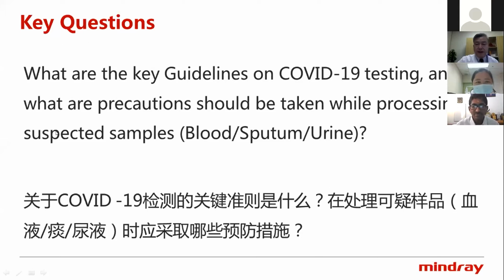And I would like to add 2 points to this question. On nucleic acid test, as Professor Wang mentioned, in terms of levels, for COVID-19 patients' confirmatory test, nucleic acid is very important.